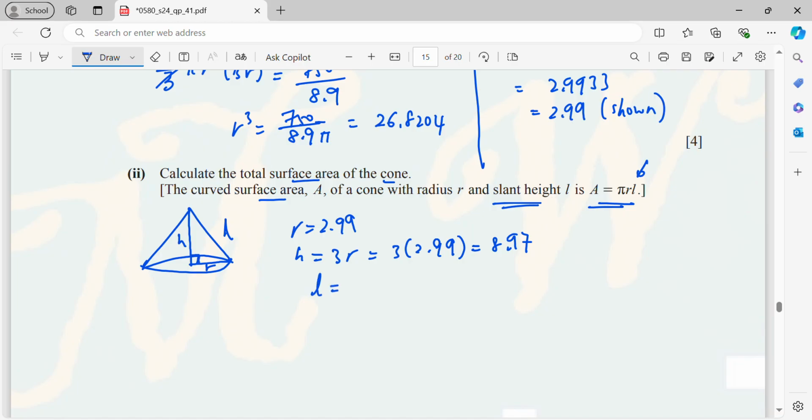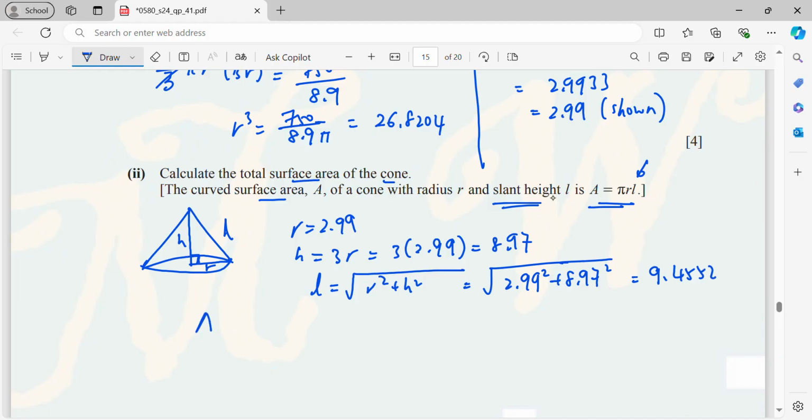So L is the hypotenuse, so it will be H squared plus R squared. Then here I will get square root of 2.99 squared plus 8.97 squared. And now here you will be getting 9.4552. I give more decimal places. Now your surface area is A, which is pi RL plus pi R squared, which is a base area. So the pi is 3.142. Your R is 2.99.